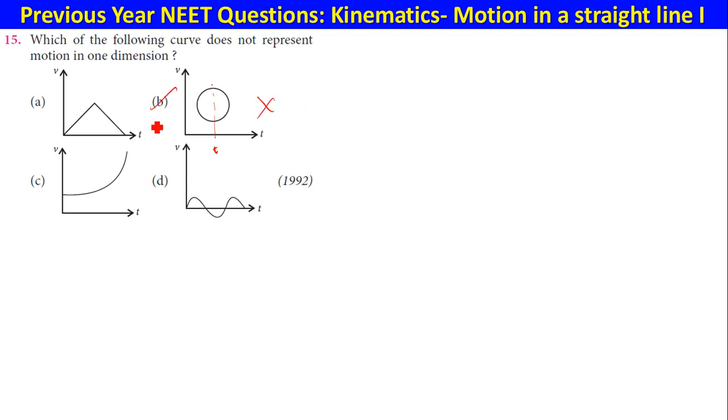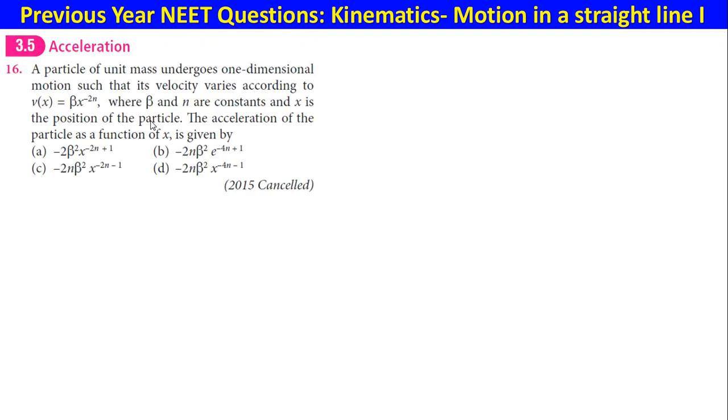Got it? Next, a particle of unit mass undergoes 1D motion such that its velocity varies according to this equation, where beta and n are constants and x is the position of the particle. The acceleration of the particle as a function of x is given by, you need to find acceleration, that's it.